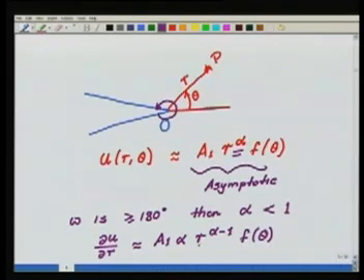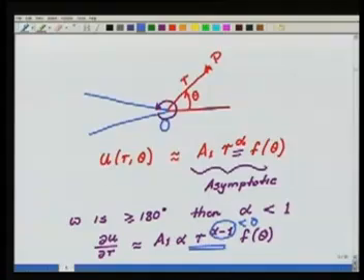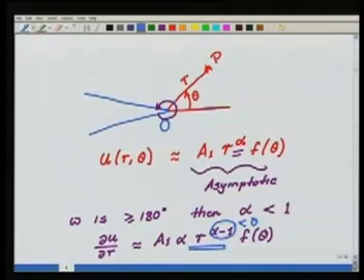What has happened is that del u del r is now r to the power of alpha minus 1, where alpha minus 1 is less than 0. So as r comes down to 0, this quantity shoots up, that is, it becomes singular at r equal to 0. This is the nature of the solution in the vicinity of corners for which the angle is greater than 180 degrees. These corners are called re-entrant corners.